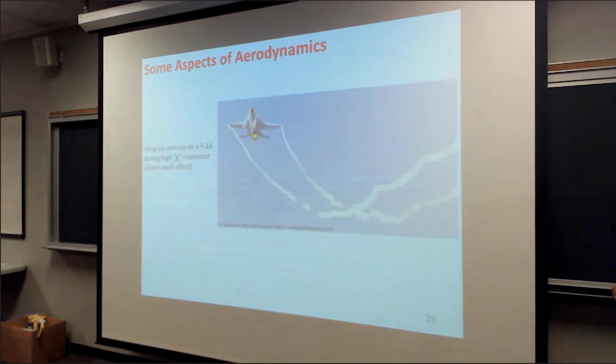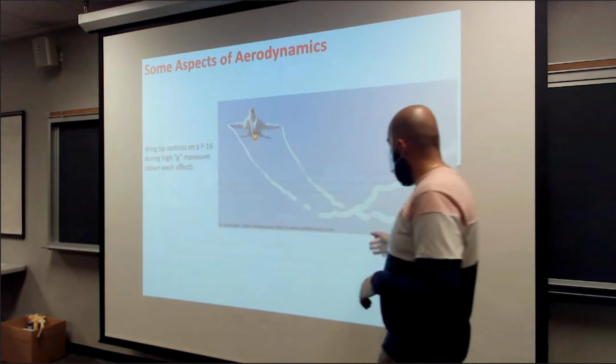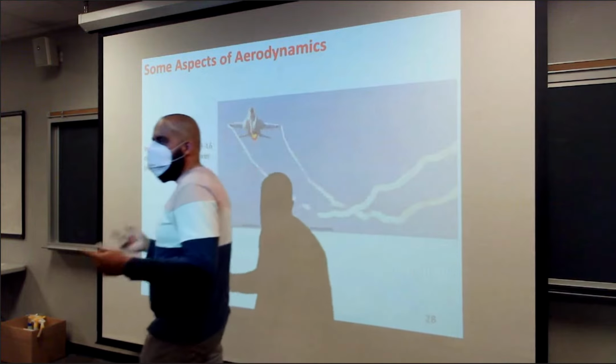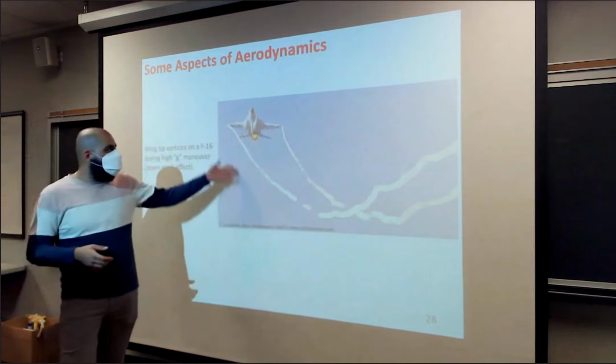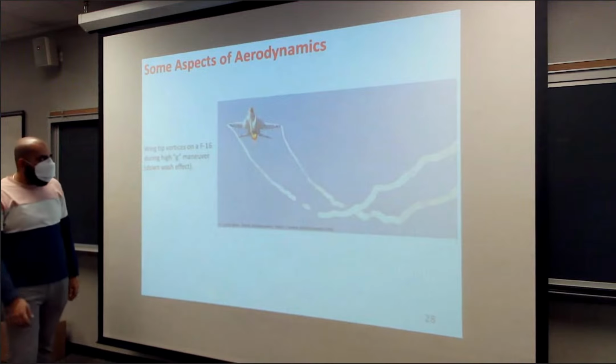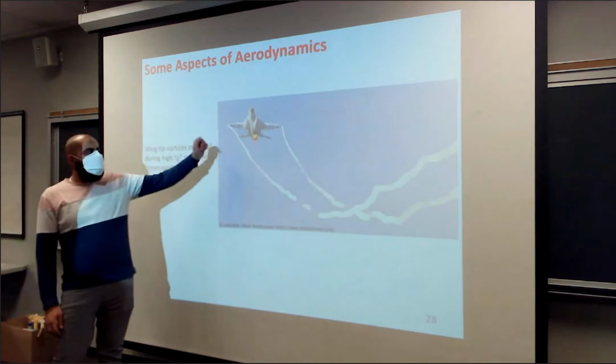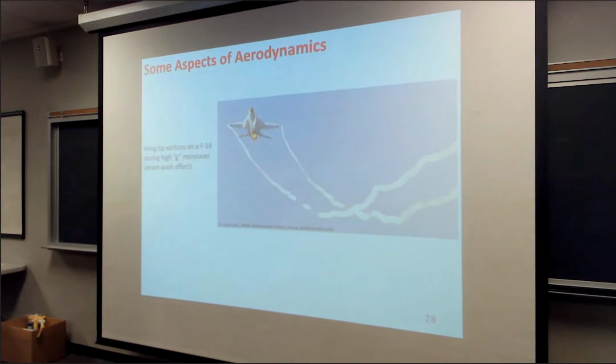Another phenomenon that people see a lot is the wing tip vortices that follow the aircraft, and that is happening because of a phenomenon called downwash on the wing.